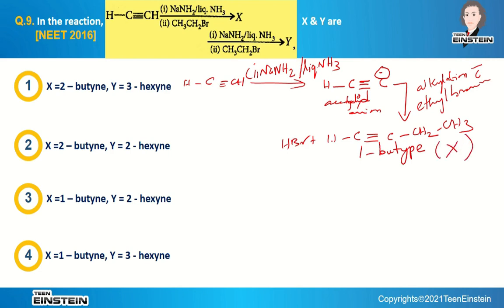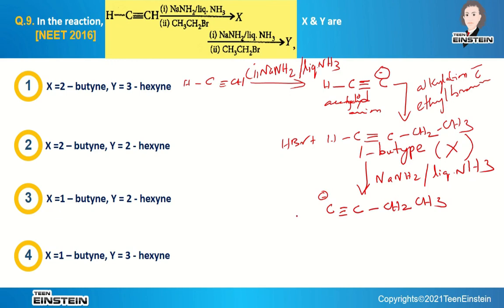So next, it further reacts with NaNH2 in presence of liquid ammonia. Again it forms an anion. So C minus, triple bond C, CH2, CH3.